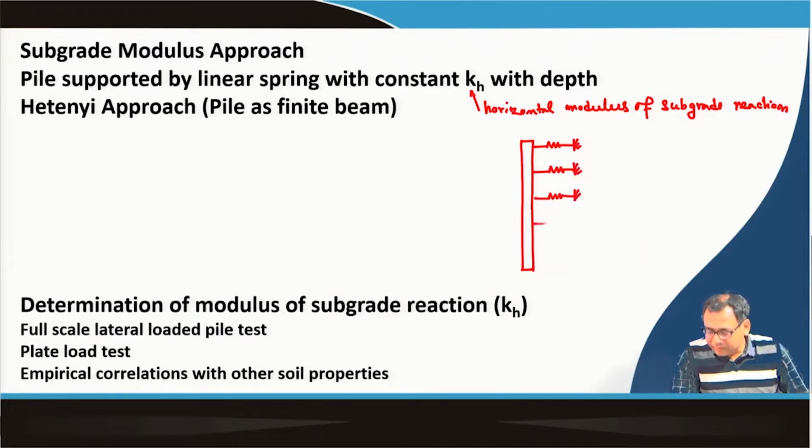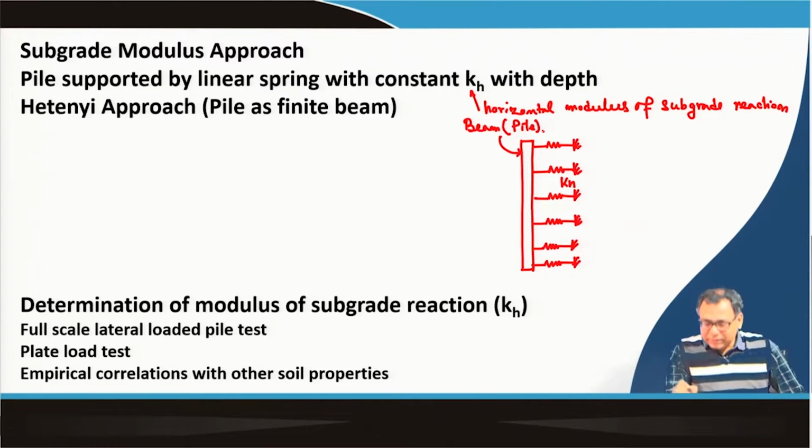These are the springs connected with the pile, and the pile will be modeled as a beam. This is the spring whose modulus of subgrade reaction is kh, and this is the beam which is basically the pile. So, this is the concept of this approach.